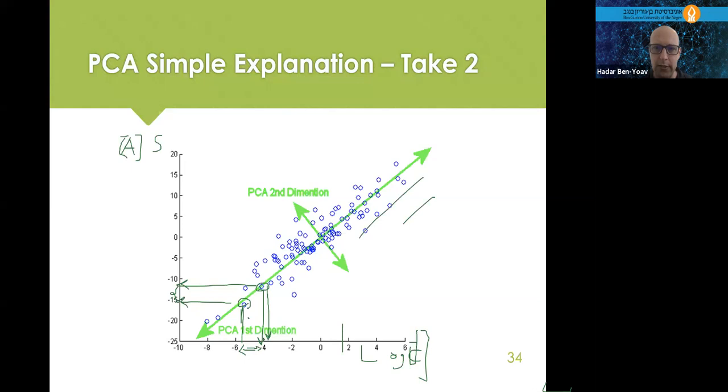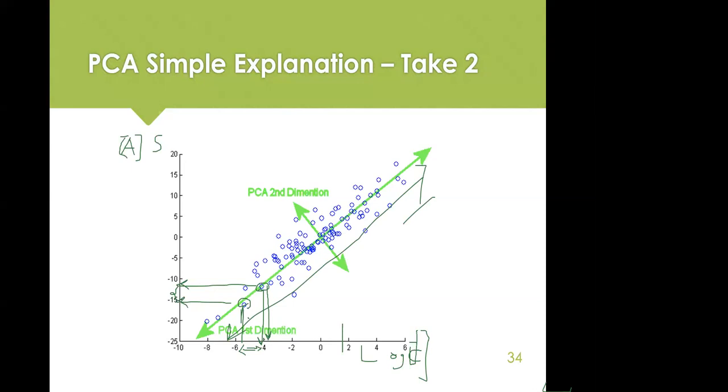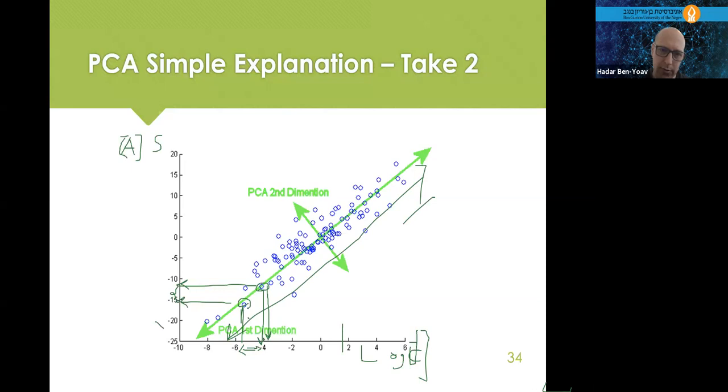For example, you can find that this kind of axis will actually give you better variability, because now when you look at those two samples, they are here and they are here. And this is a much bigger distance than this one. So you find new coordinates that give a higher variability between the data points that we measure than the one that we used originally.